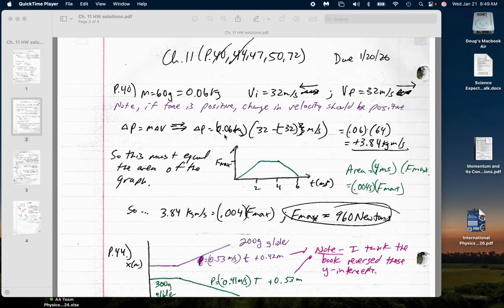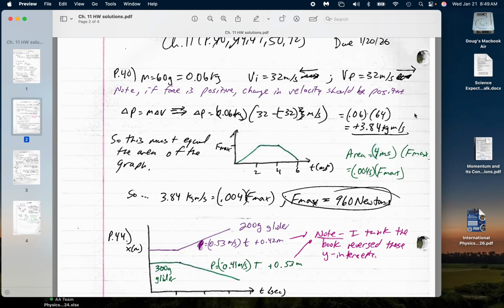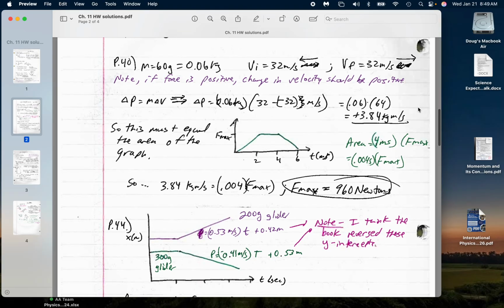So if I look at this, the mass times the change in velocity is positive 64 meters per second times 0.06 kilograms, because that's 60 grams. So that's plus 3.84 kilogram meters per second. So therefore, the impulse has to be plus 3.84 Newton seconds. So now how do I figure out what that F max is? Well, I look at the area of this. I have 0.06 seconds, but here the area is 1/2.